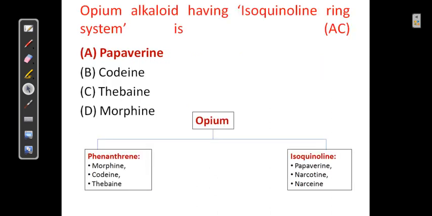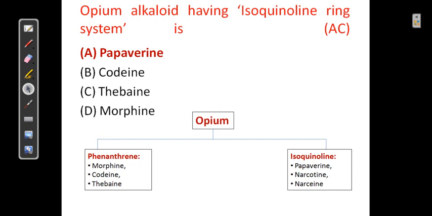Opium alkaloid having isoquinoline ring system is. See, opium has two types of alkaloids: phenanthrene ring system containing alkaloids and isoquinoline ring containing alkaloids. The examples of phenanthrene ring containing alkaloids are morphine, codeine and thebaine.